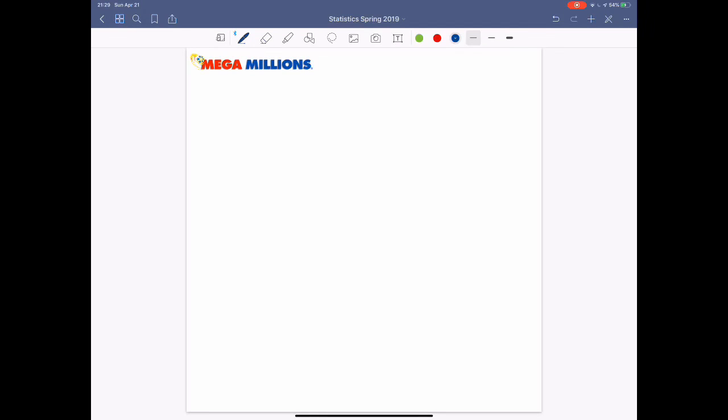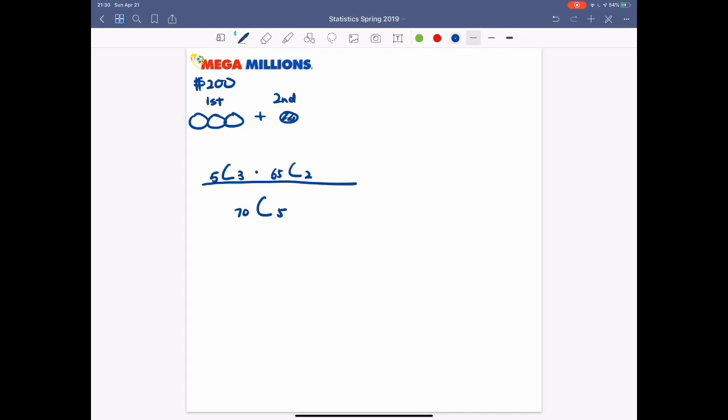Moving on to the $200 prize. In order to get the $200 prize, you need to get 3 numbers right in the first pool and 1 number right in the second pool. Here's the formula. To get the 3 numbers right, we choose from 5 choose 3, and we get 2 wrong, so 65 choose 2, over the total, which is 70 choose 5. Then we multiply by 1 out of 25, because that's the chance of getting the ball right in the second pool.